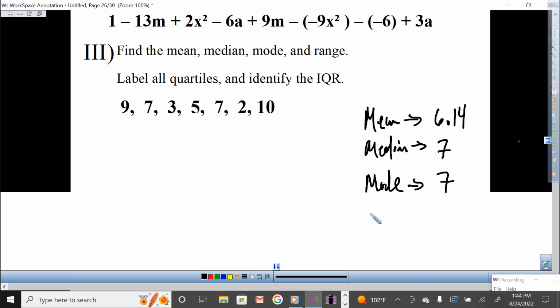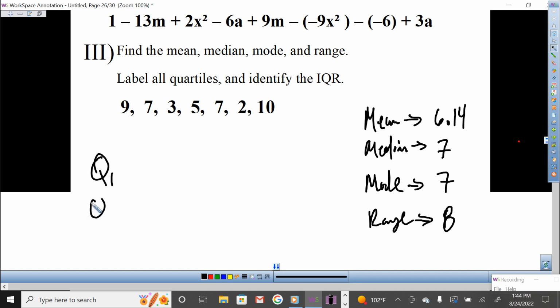Okay, now let's get into some fun stuff. Range, what's the range? Jared. 8. Hands if you got 8. That's about right. Now let's get to the fun stuff. We got Q1, Q2, and Q3.